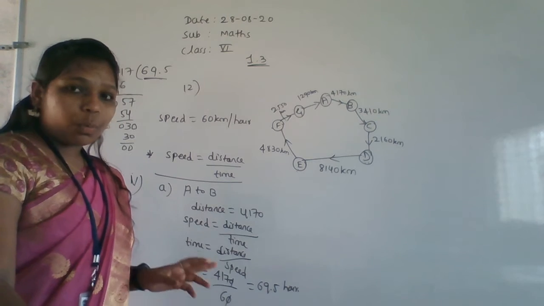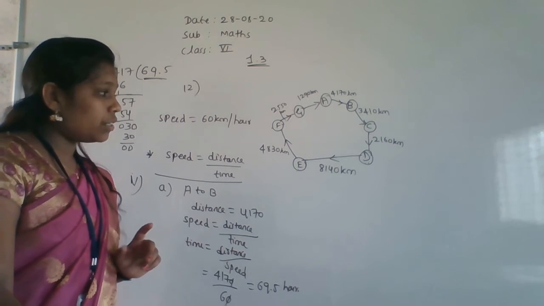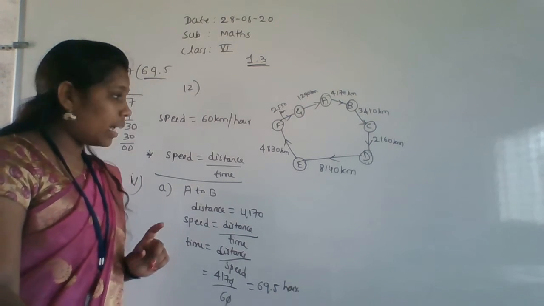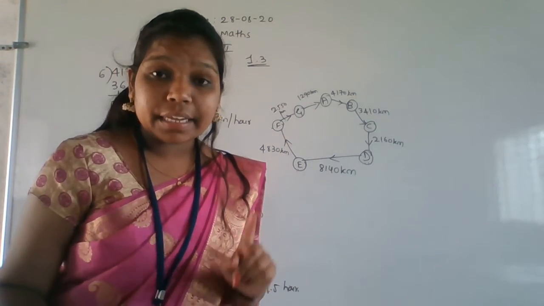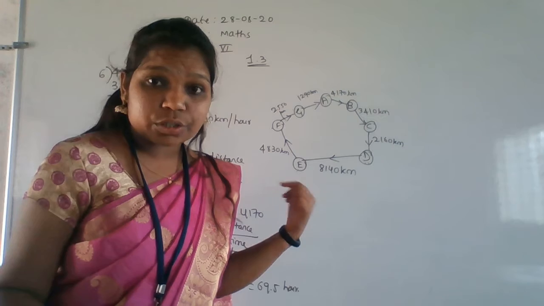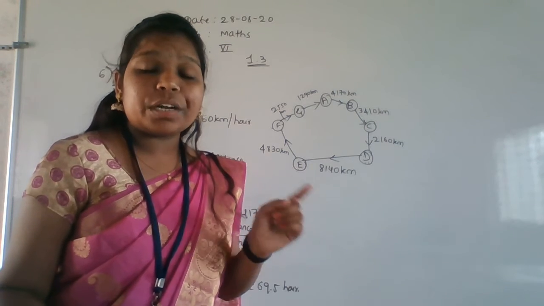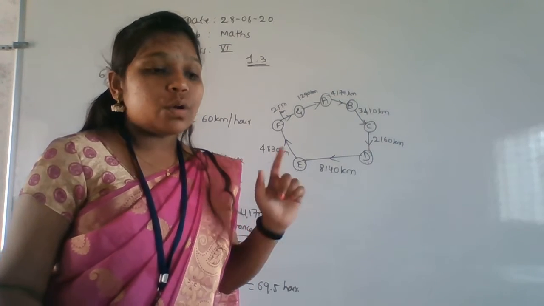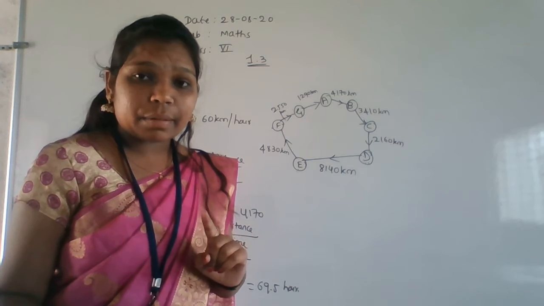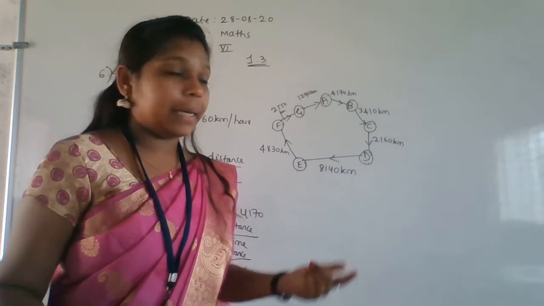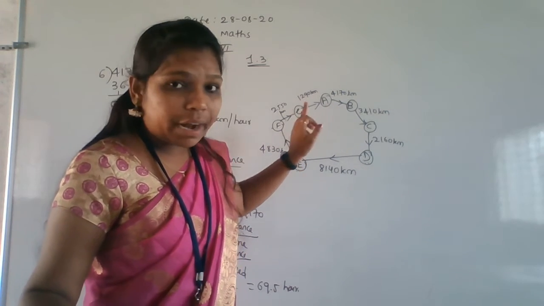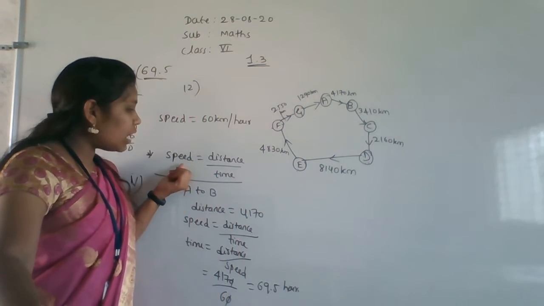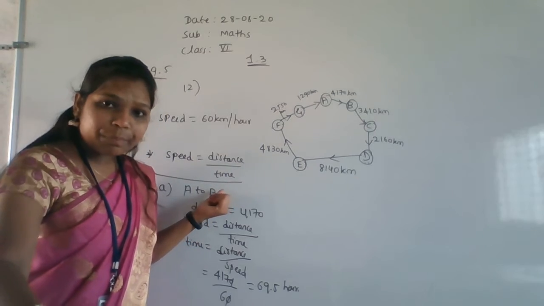Getting everyone? So please concentrate once more here. I will tell all the things once again. They told us to find the time taken by the bus to reach those distances. So in the fifth main, the first question is to find the time taken by the bus from A to B. We have the formula, speed is equal to distance by time.